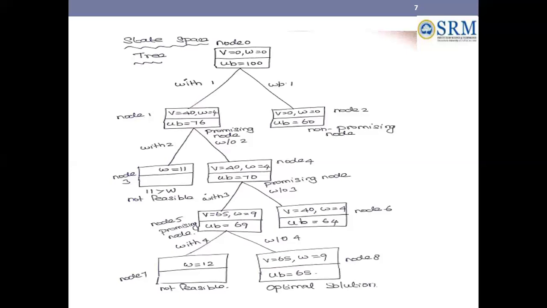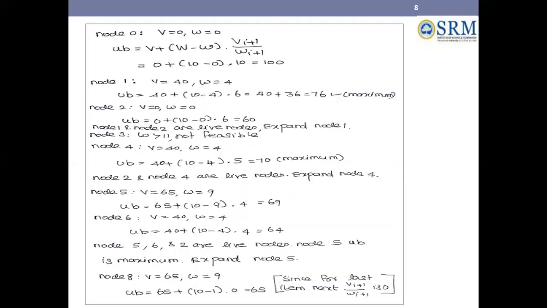Now find the upper bound value by using the formula. For node 1, V equal to 40, W equal to 4. So the upper bound is equal to V, that is 40, plus knapsack capacity capital W, which remains the same for the entire problem. So capital W, knapsack 10, minus current item weight 4, into next item ratio.